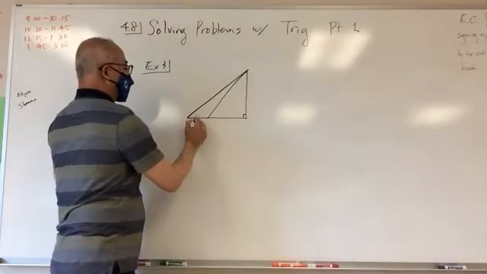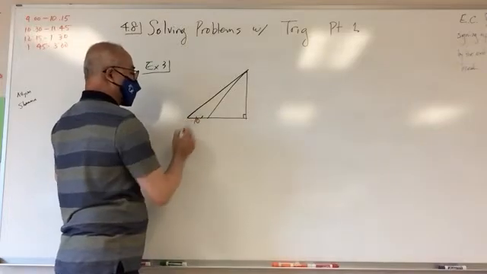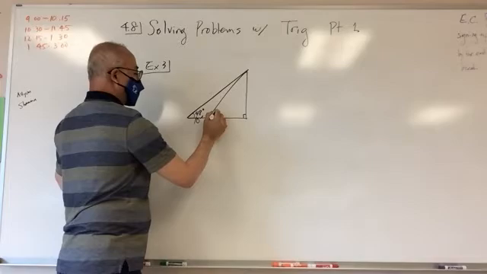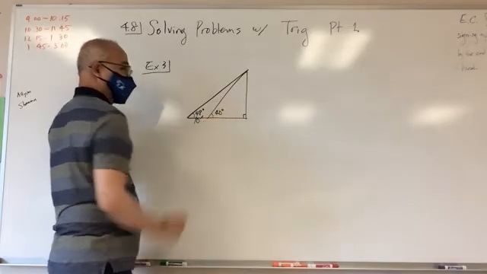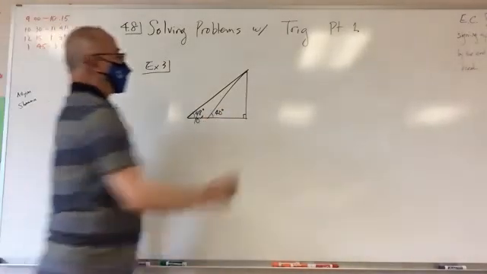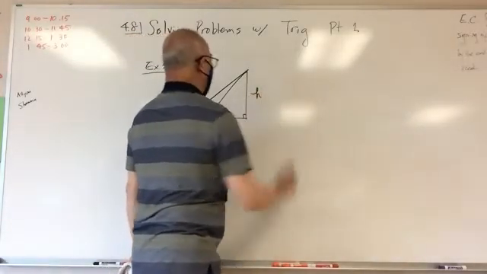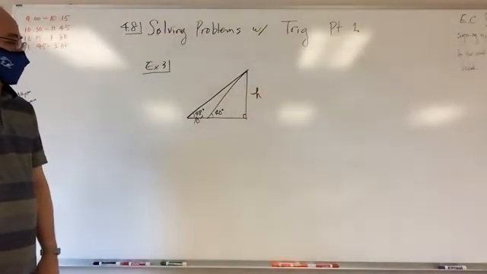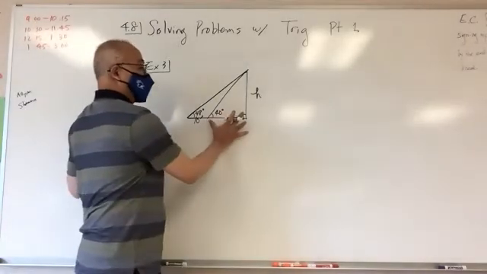Okay, so this guy was 10 feet apart. This is 48 degrees. This guy was what? 40 degrees, was it? And then we want to know the height here, right? We want to know h. Okay. Again, we do not know this guy.